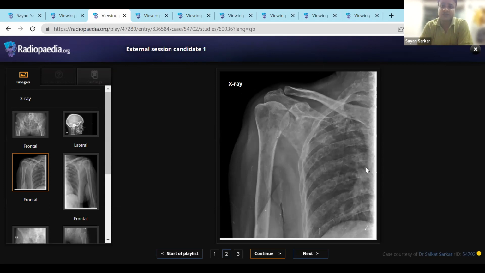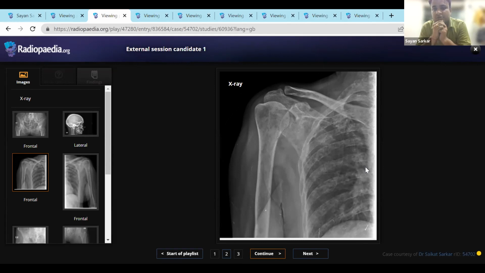What other modality is there which can help categorize the burden of disease in multiple myeloma? Considering this is a case of multiple myeloma, suppose this is a follow-up case and you have some previous images, and you want to compare the present disease burden with the previous burden.